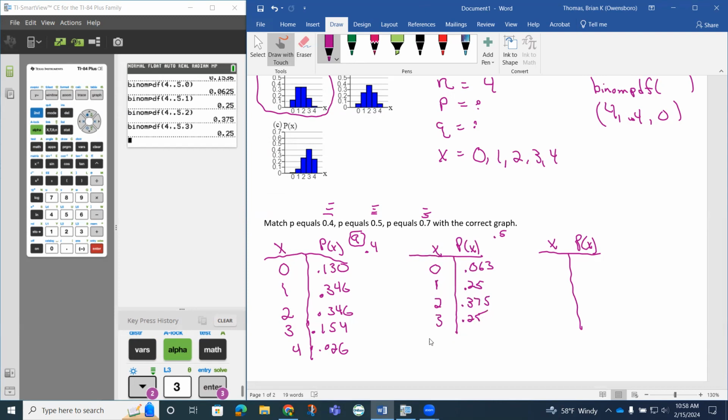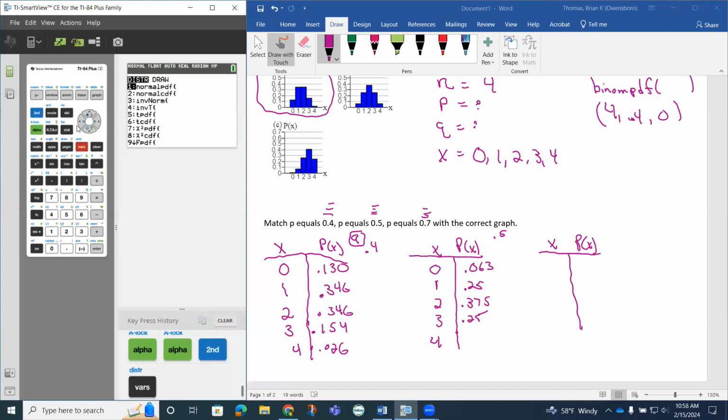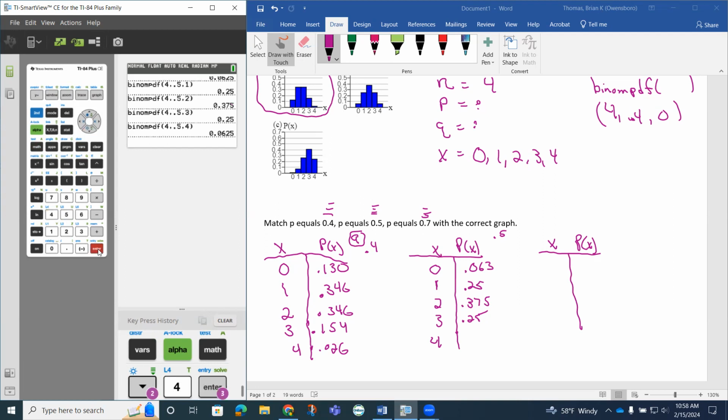And then the 4, we do that one. Change that to 4. This is 0.0625. So 0.063 again.